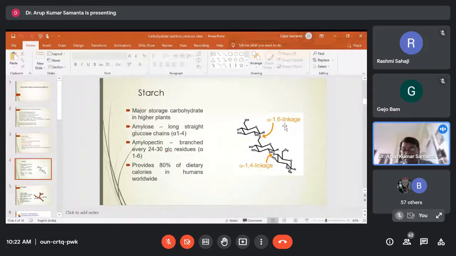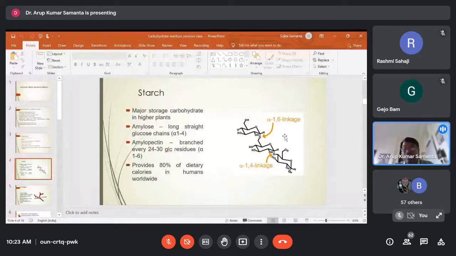If glucose molecules are attached by alpha 1,4 glycosidic linkages, mammalian enzymes can hydrolyze that carbohydrate, breaking the alpha 1,4 linkage. That's why all of us can digest starch, which is mostly present in the cereals we take daily.